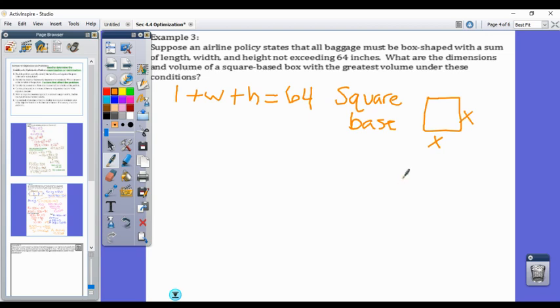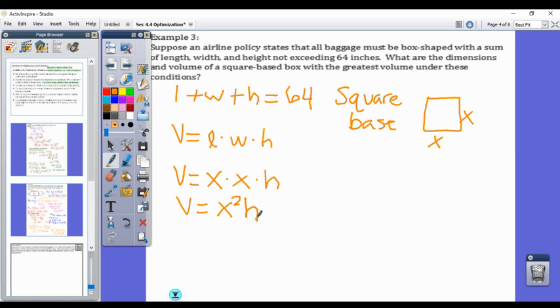So with my volume then, we know that volume equals length times width times height. But since my length and my width are the same, it would simplify down to x squared times h.